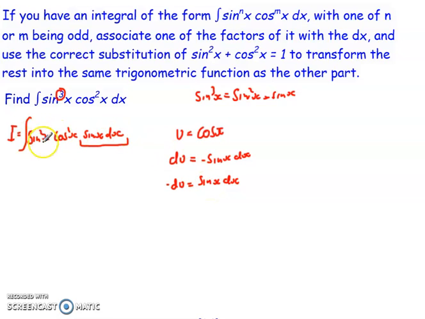What I can also do is take sine squared x and rewrite it using sine squared plus cos squared equals 1 as 1 minus cos squared x. So that then allows me to write my sine squared x as 1 minus u squared.